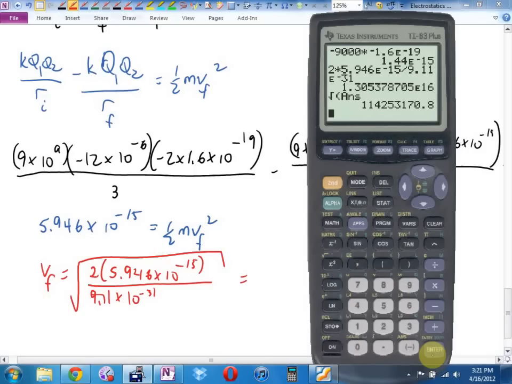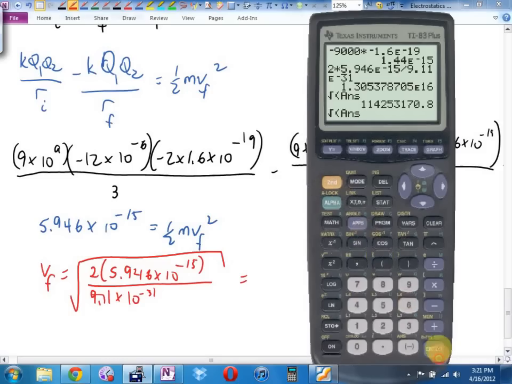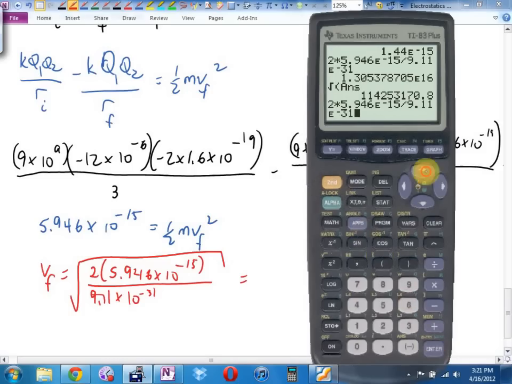This isn't what I got last time. Two electrons, thank you. Now I need brackets.